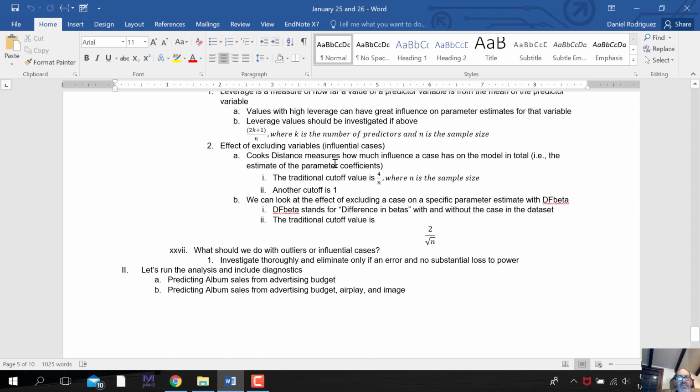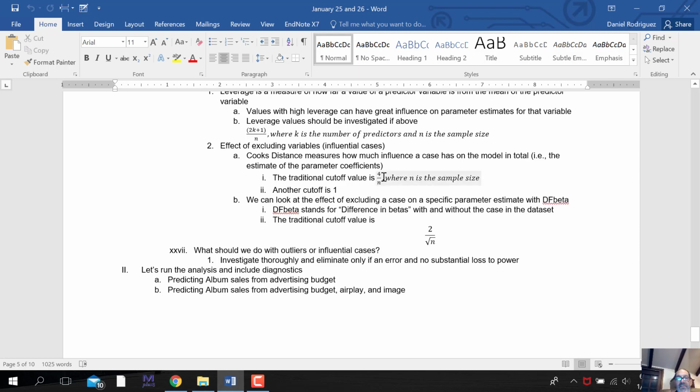We can also use this analysis of influential cases. There's 2 ways we can do it. A more general way is something called Cook's distance. It measures how much influence a case has on the model in total, both the estimate and the parameter coefficients, the B's, right? Both of them, that's Cook's distance.